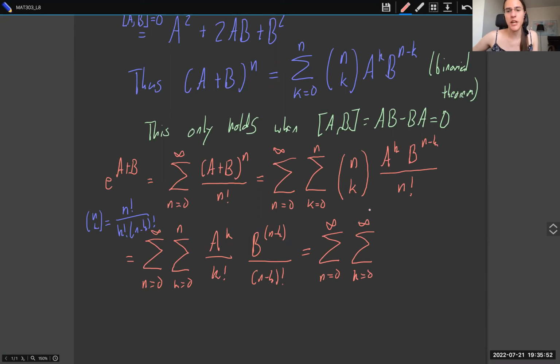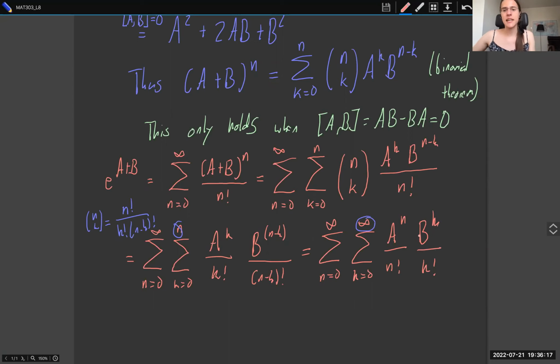Notice that this n changed to an infinity, of a^k over k factorial times b^n over n factorial.